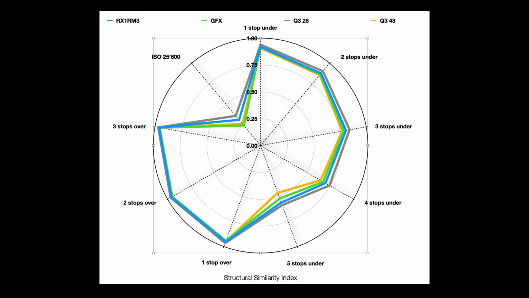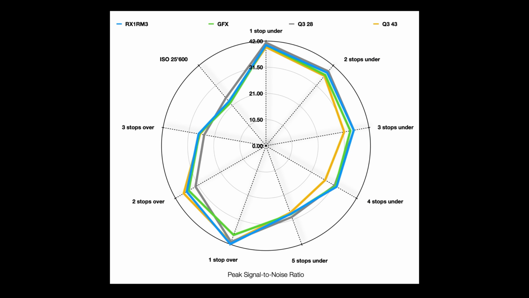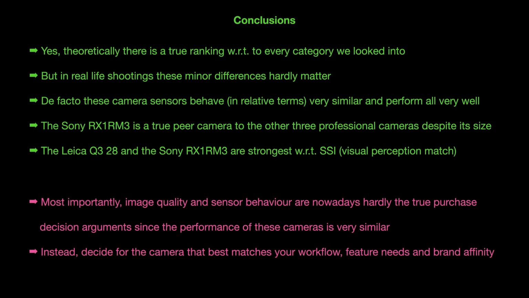If you look into the second most important metric, in my personal humble opinion, the peak signal to noise ratio, again, very consistent behavior of these 4 compact cameras. And my very last conclusion of this video is very simple. Yes, theoretically, there is a true ranking with respect to every one of the stress categories we looked into: overexposure, underexposure, high ISO.